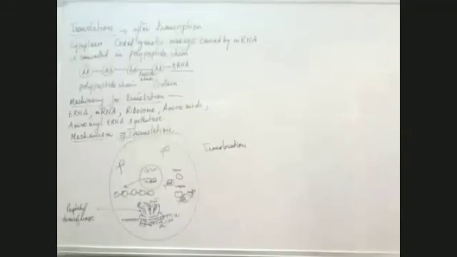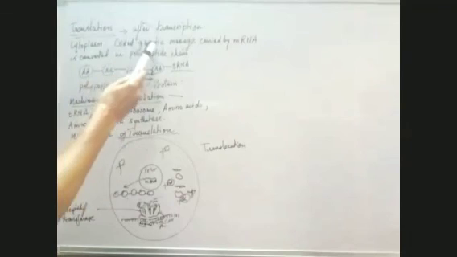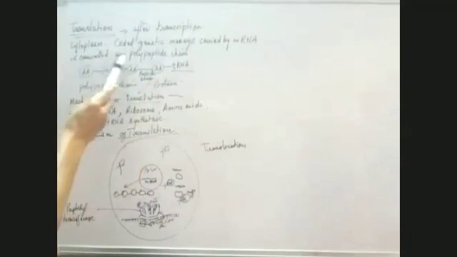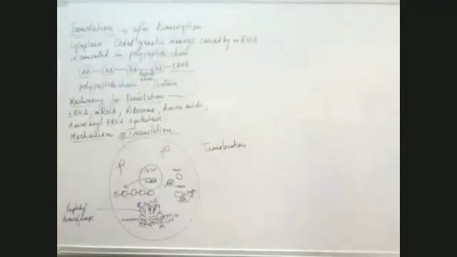Children, when you hear these terms, you find them difficult, like the polypeptide term, but what is it? It is just amino acids which are attached by peptide bonds. When I write here, the coded genetic message carried by messenger RNA is converted into a polypeptide chain.